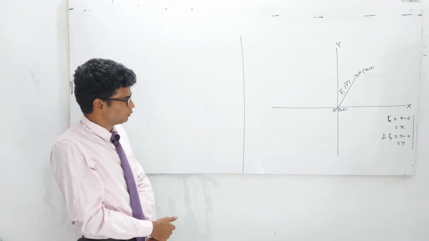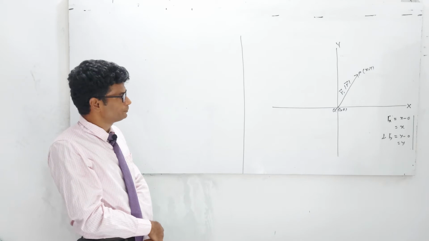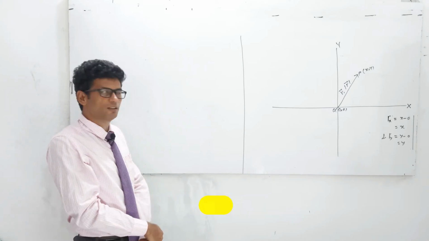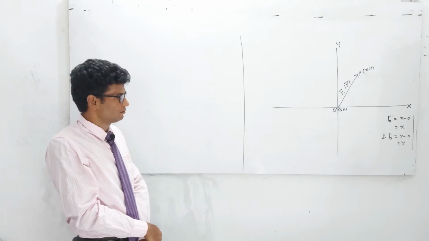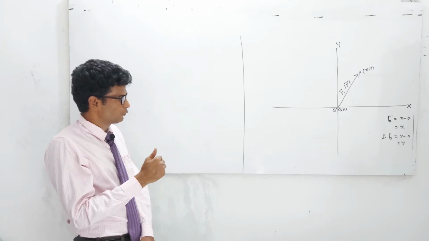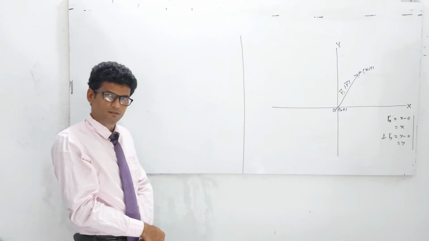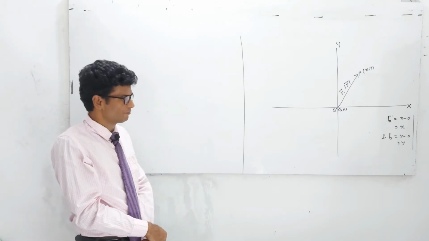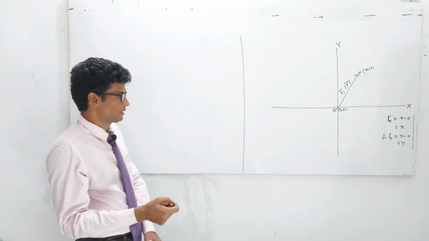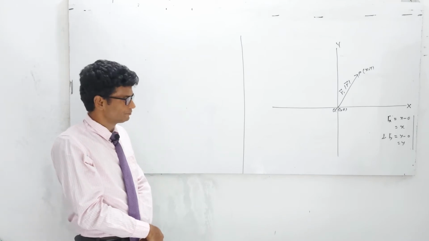As I had told you earlier, we have to take transformation under rotation. For this, we have to fix the origin. We may alter the origin, but for convenience, keeping the origin fixed, we rotate the axis through an acute angle.